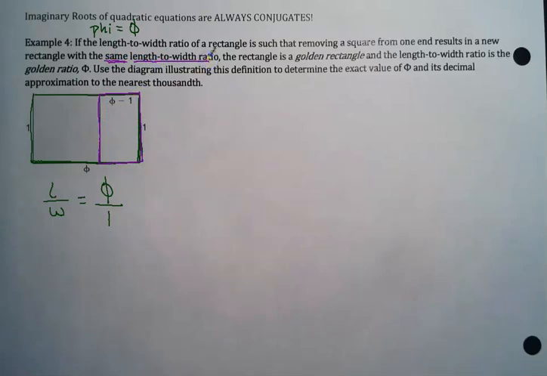Okay, it doesn't really look the same because this time the length of our rectangle is 1 and our width of the rectangle is phi minus 1. So remember, like if I turn this sideways, remember length is always the longest side.